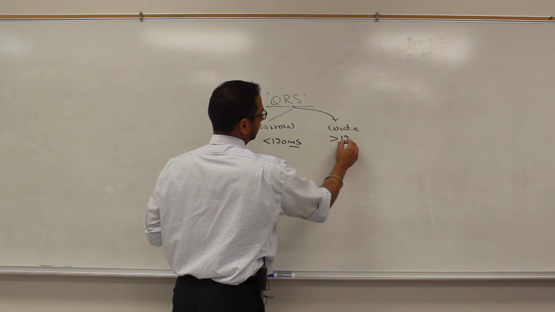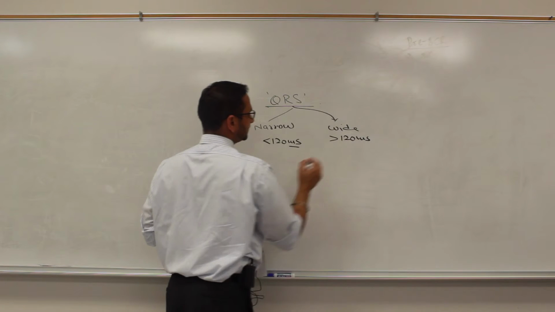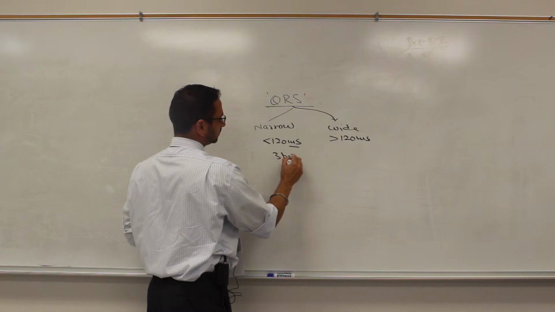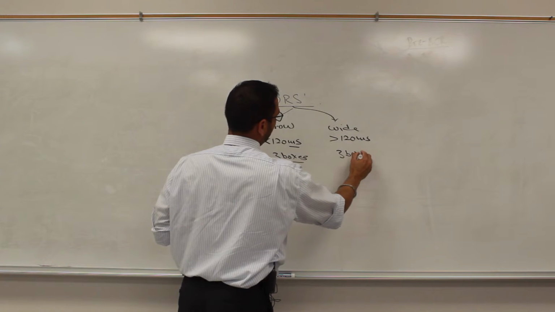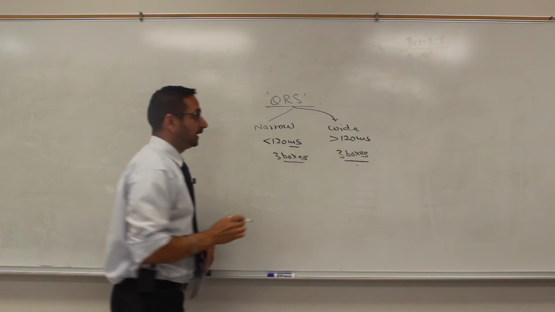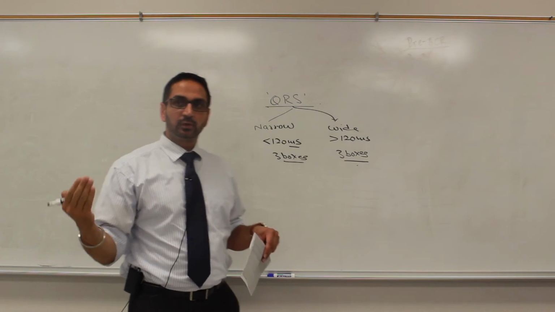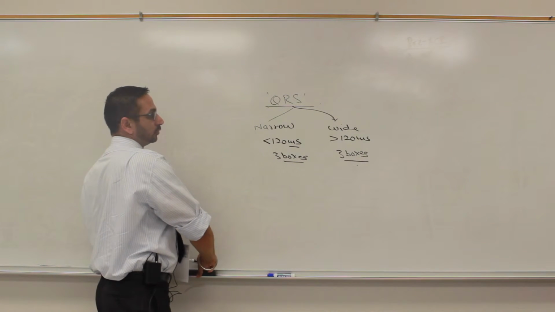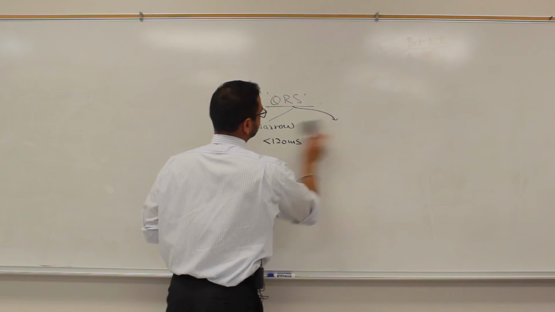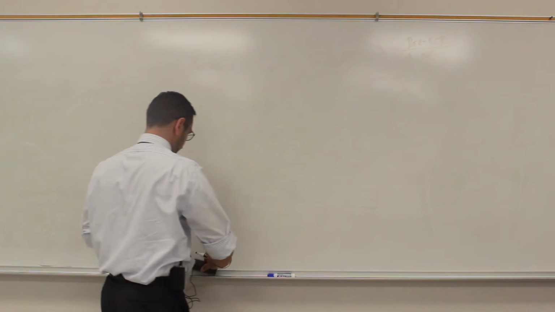Wide is more than 120 milliseconds, which is 3 boxes. And here are 3 boxes, wider than 3 boxes, right? Narrow QRS means less than 120. Wide QRS means more than 120 milliseconds or 3 boxes.